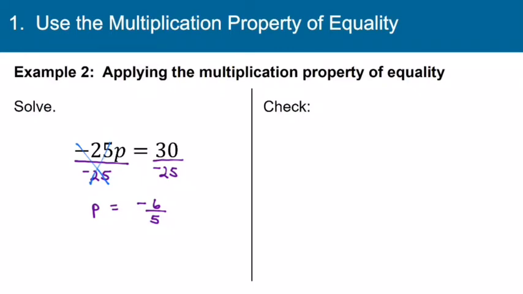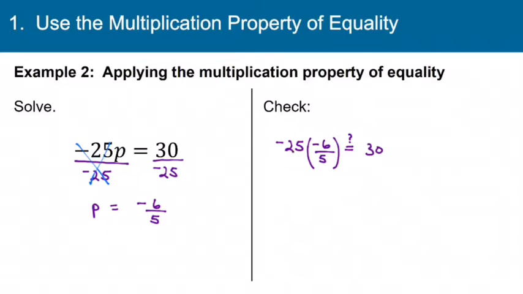Now let's check our solution. So we want to plug negative 6/5 in place of the variable. So we'll have negative 25 times P, which is now negative 6/5, equals 30. And we just want to verify that this is true. Okay, notice that negative times negative is going to make the left side positive, but remember, we don't want to have to multiply 25 times 6 because that's going to make a large number.